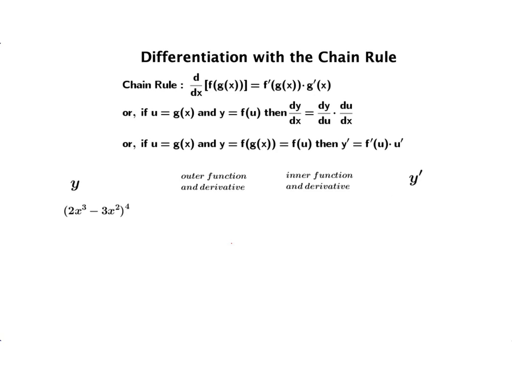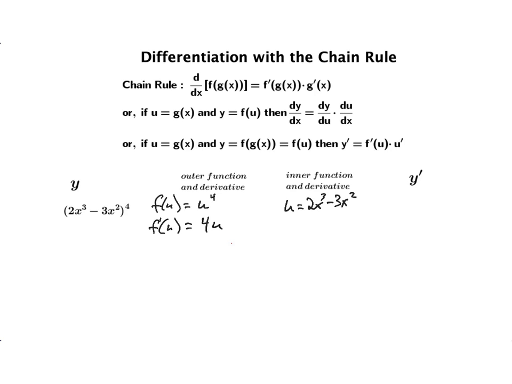In our next problem, we will again first identify the inner and outer function. So first the inner function, u is 2x to the 3rd minus 3x squared. And f of u is going to be that quantity to the 4th power, so u to the 4th power. Let's go ahead and find f prime of u.